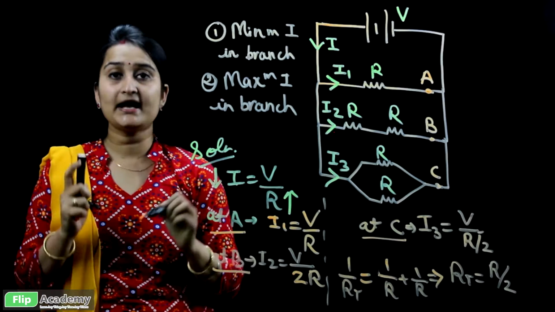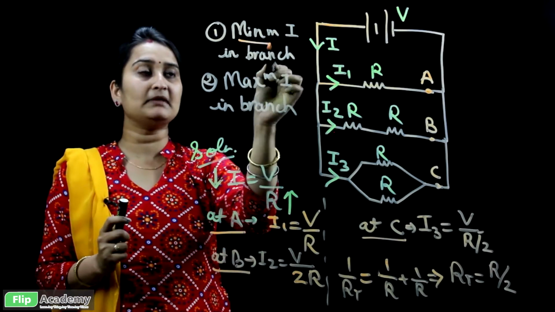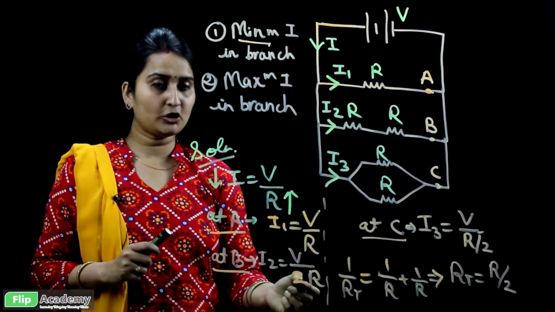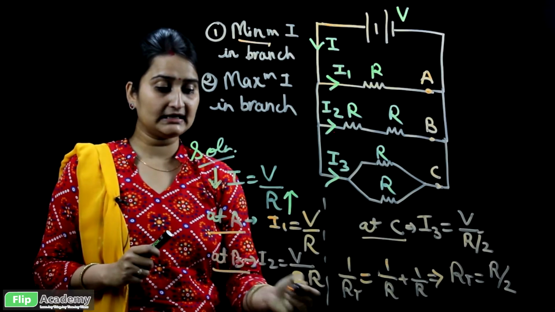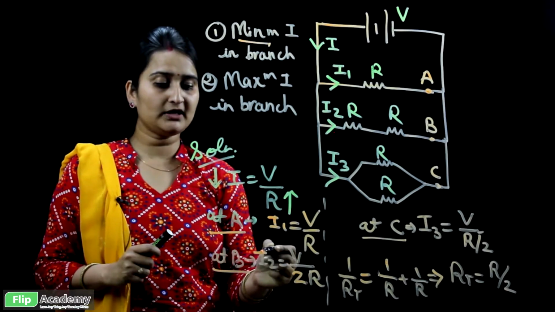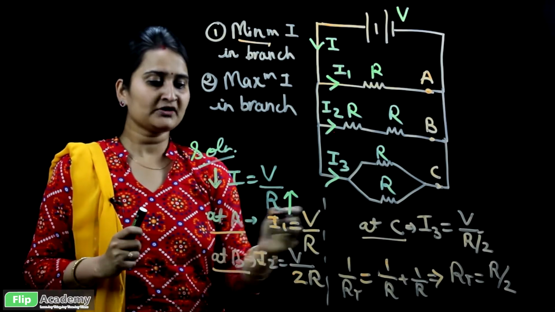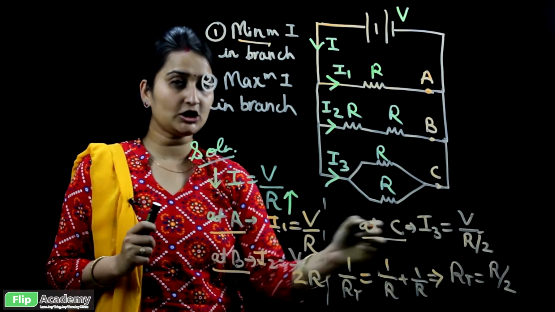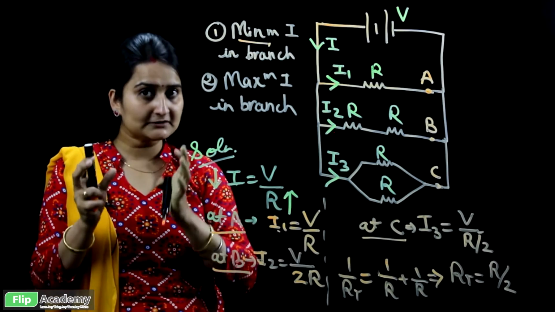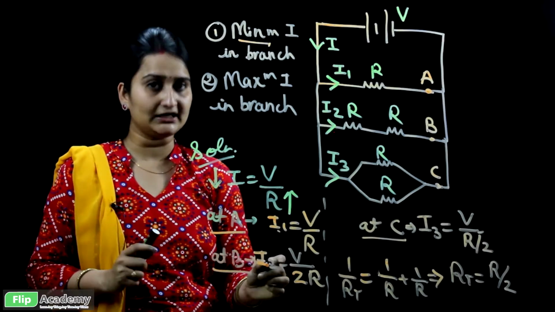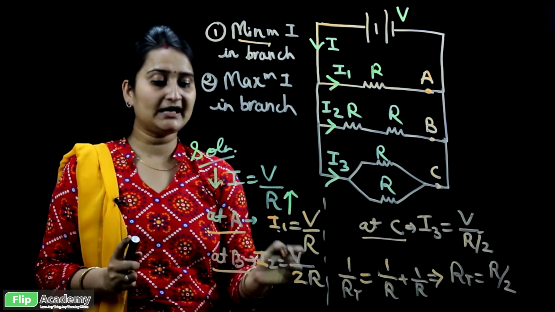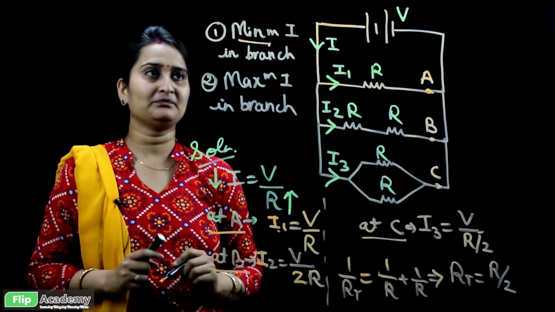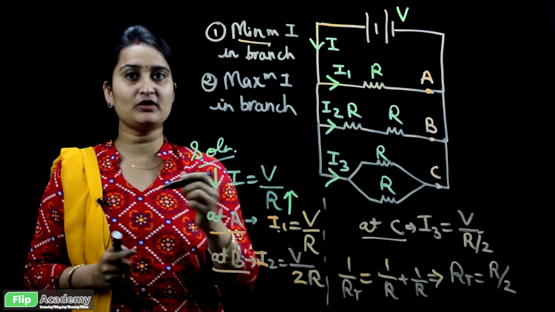Now, tell me at which branch the current is minimum. This is V upon 2R. If the denominator is large, the value would be very small. In comparison to these three equations, the denominator is maximum in the case of I2. That means I2 should be minimum. So, what is the minimum current flowing in the circuit?